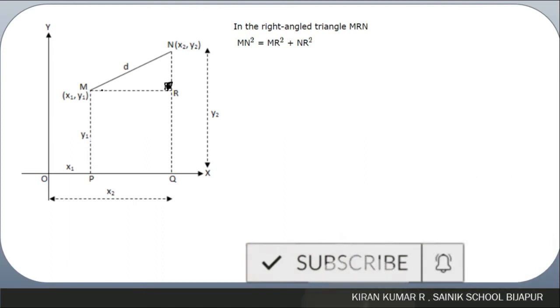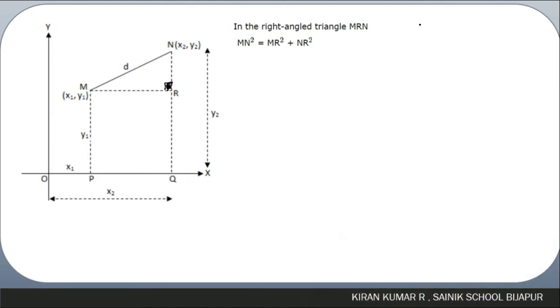Earlier, we found the length of MR as x2 minus x1 and NR as y2 minus y1. Let us substitute it here. The distance between M and N is denoted with the letter D. So we get D square as (x2 minus x1) whole square plus (y2 minus y1) whole square.